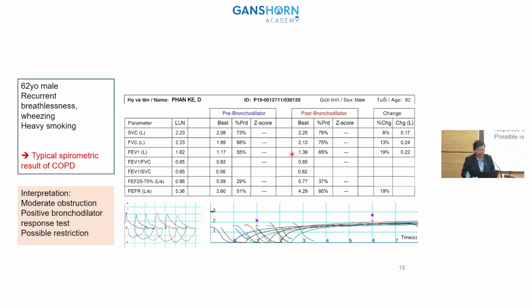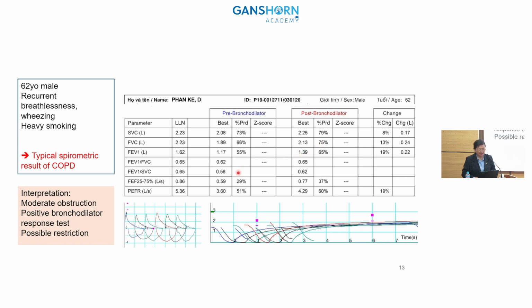And the important one is the post-bronchodilator. We still have obstruction, 62 in comparison with 65. And for the bronchodilator test, we do not have a response if we use the new criteria.